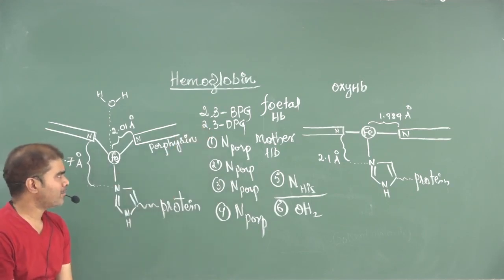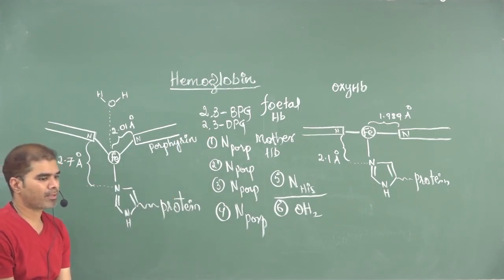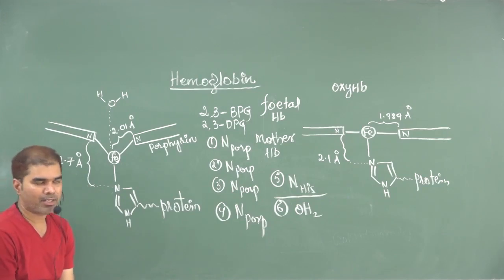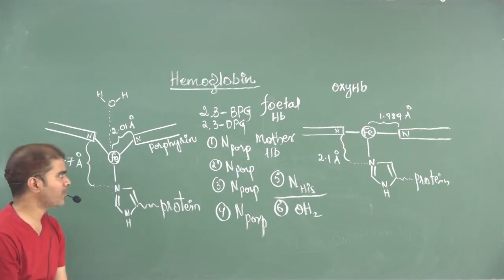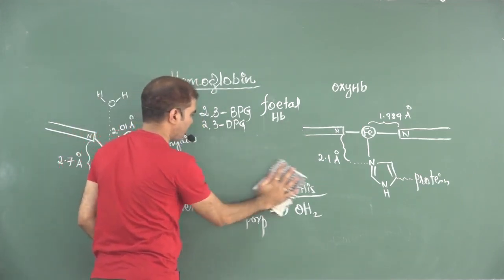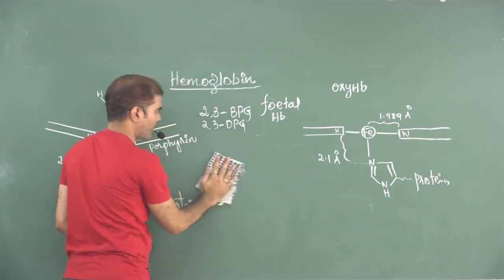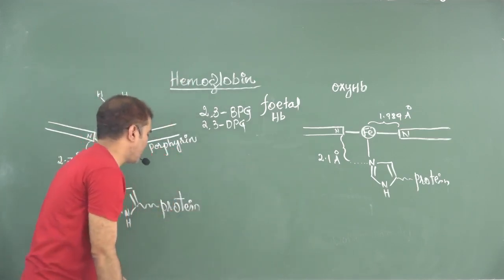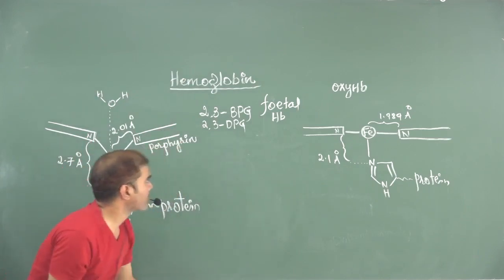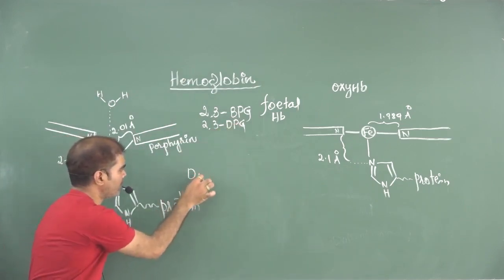The space present in the core of porphyrin is occupied by 2,3-DPG or BPG, biphosphoglycerate or diphosphoglycerate.